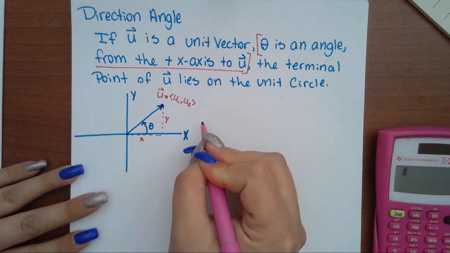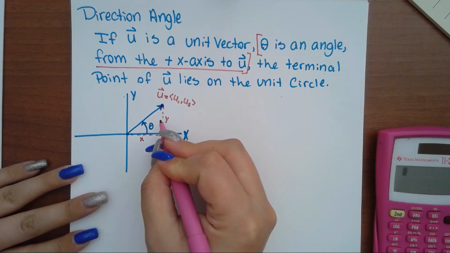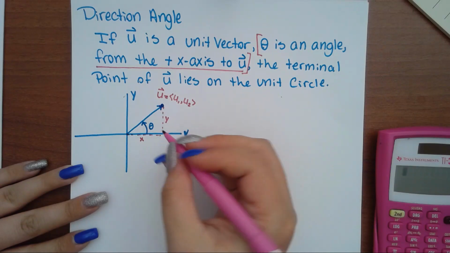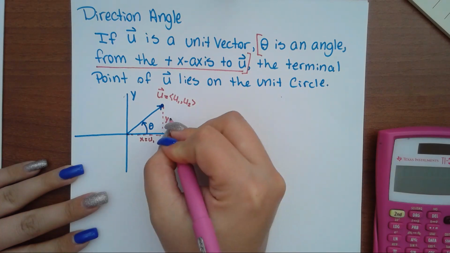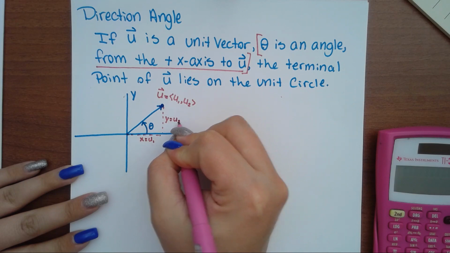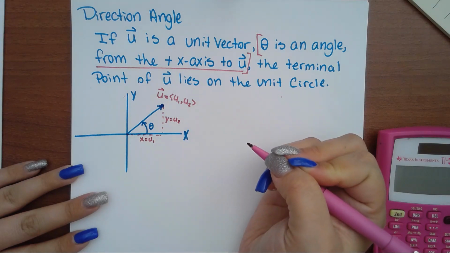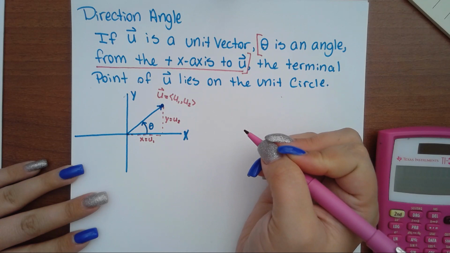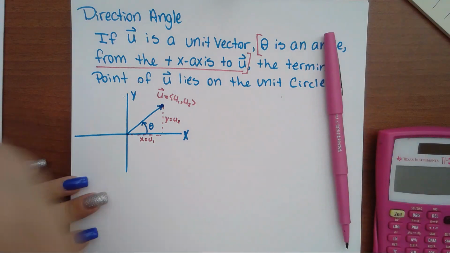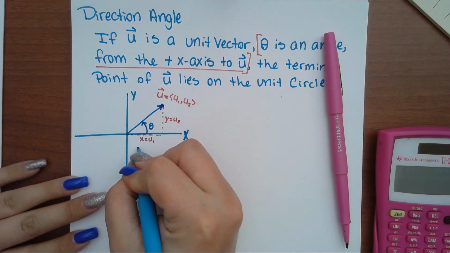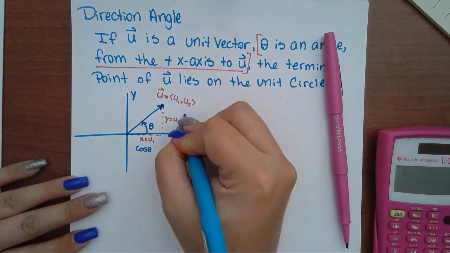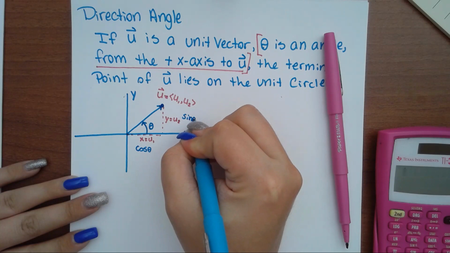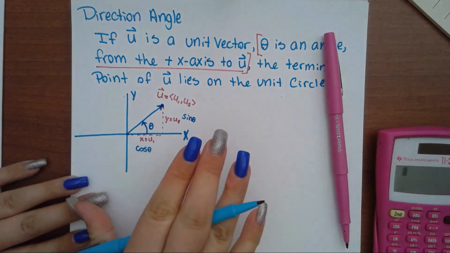That's the u1 and the u2. So we would say that x is u1 and y is u2. And that's from that coordinate there. But also remember that from trig, x represents cosine on a unit circle and y represents sine on a unit circle.